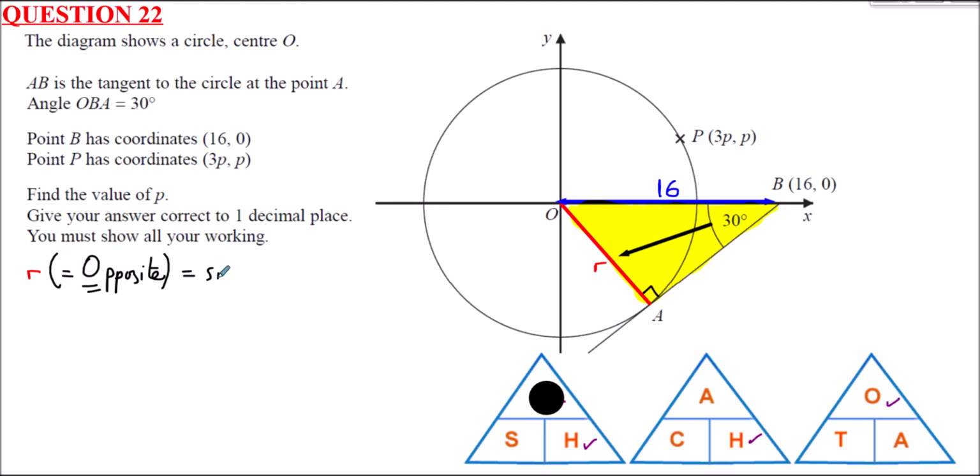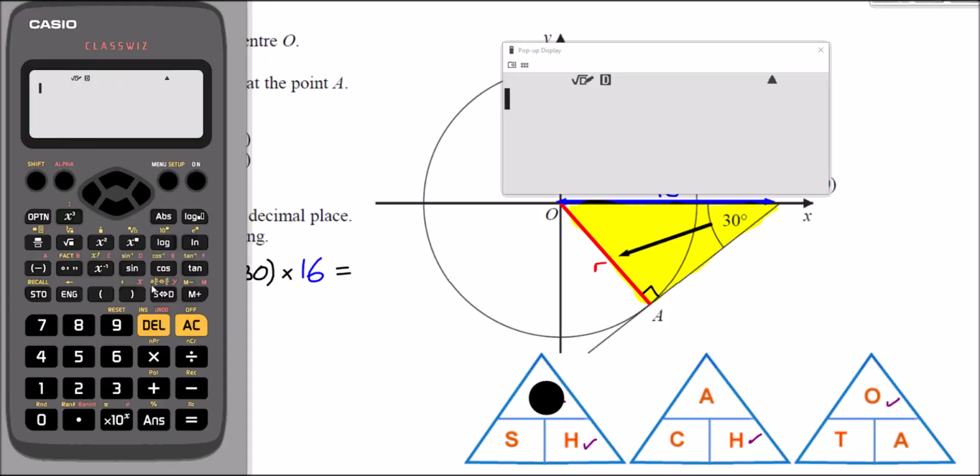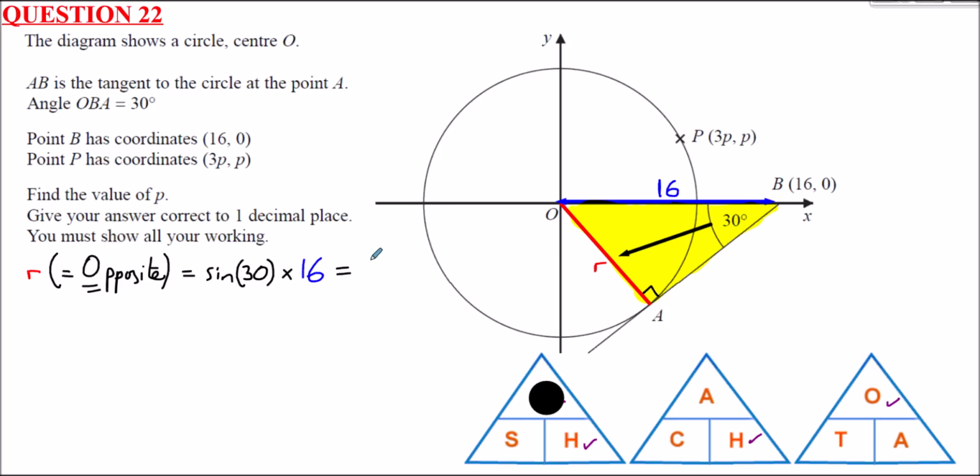So it's going to be sine of the angle in question, which is 30, multiplied by the hypotenuse, which is this 16 here. So if we try this, sine 30, very important, close that bracket off, that's crucial. Multiplied by 16, that gives us 8.